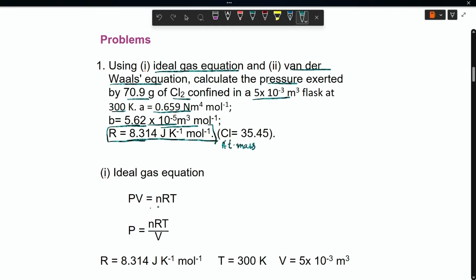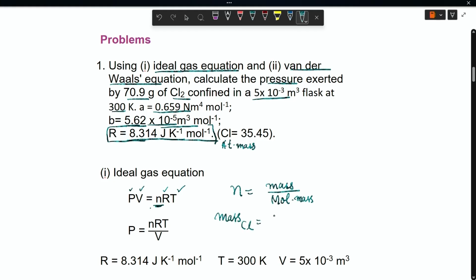PV is equal to nRT. P, the pressure, volume is given. R, we already know, temperature is also given. All these are given, but we do not have the value of n. n is equal to mass by molecular mass. Here mass of chlorine is given.